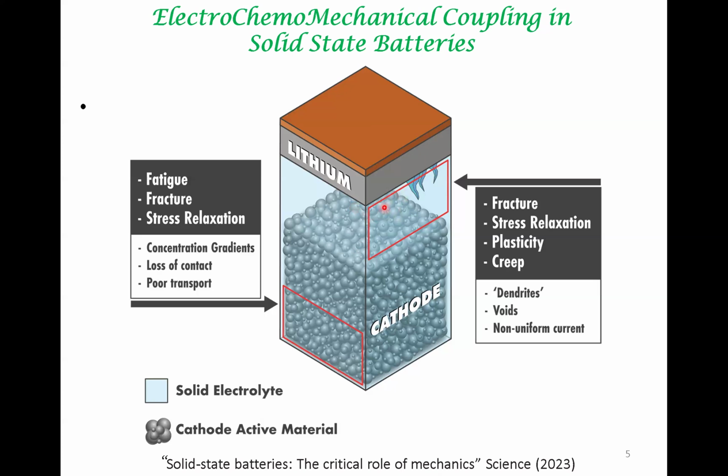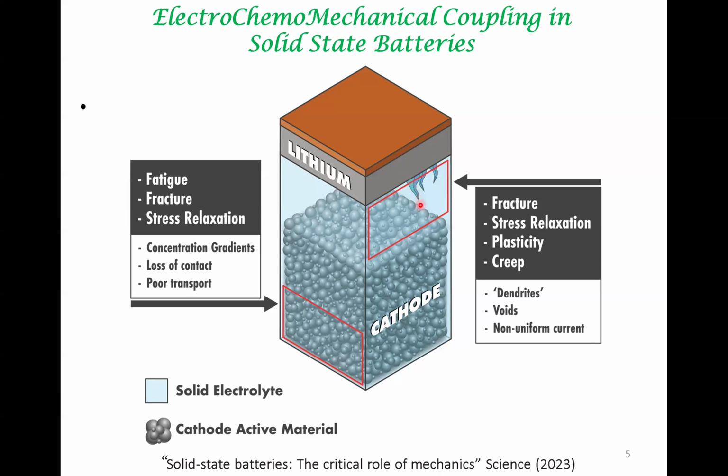In the solid state electrolyte, there can be issues of fracture because of incorporation or percolation of dendrites. These are pointy structures that emanate out of the lithium anode because of, let's say, fast charging of the batteries.